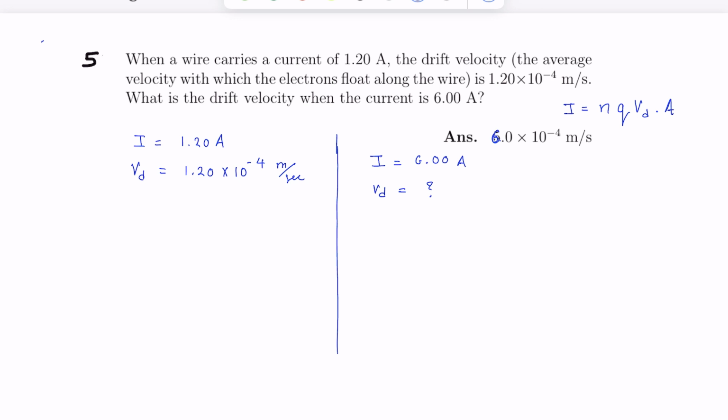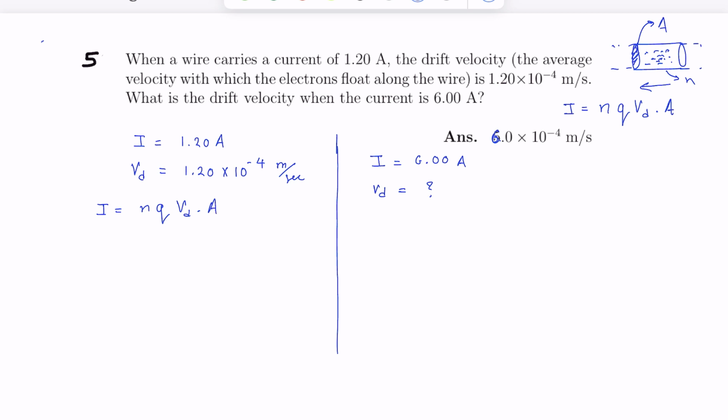Let's say a wire like this, and its cross-sectional area is A, and there are these electrons in it with some density small n, and they're traveling. That constitutes a current, and that current is given in terms of the velocity of these electrons, cross-sectional area, charge on these electrons, and the number density of these charges. So I'm going to use the formula I equals nqvdA.